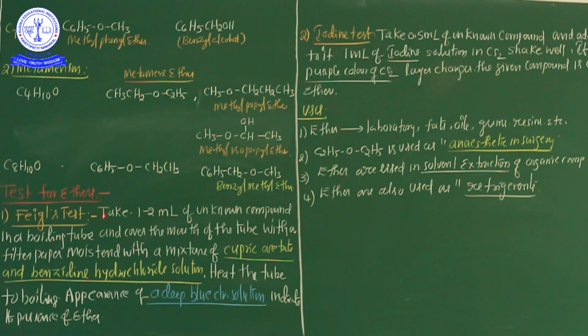Chemical properties of phenol, alcohol and ether are more important at board level as well as from the competitive entrance point of view. The isomerism concept is also very important in all three functional groups, and finally the confirmation tests are also important.